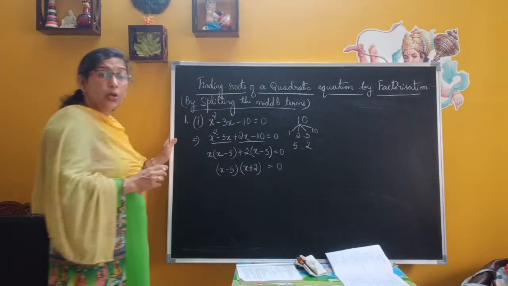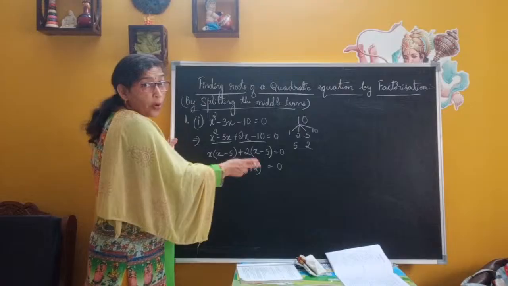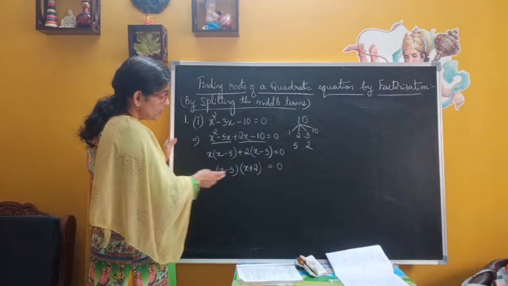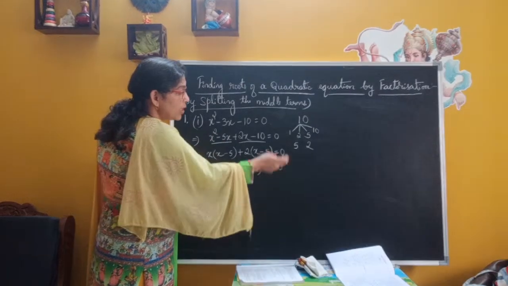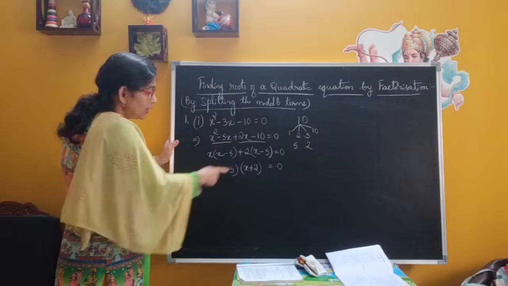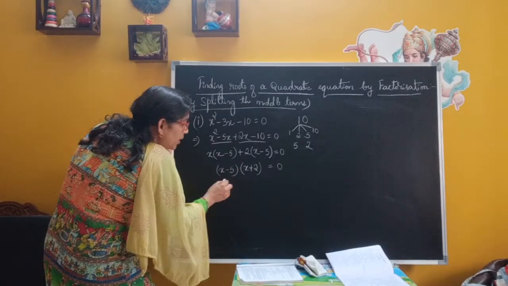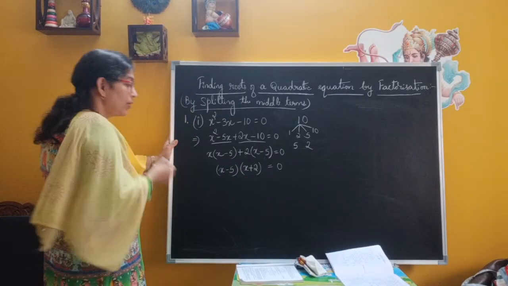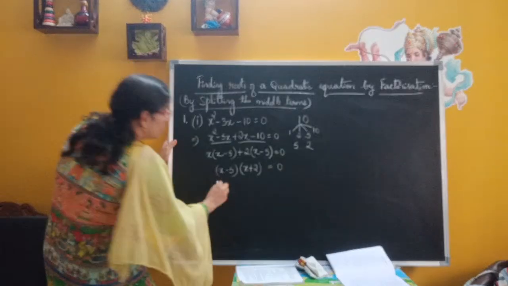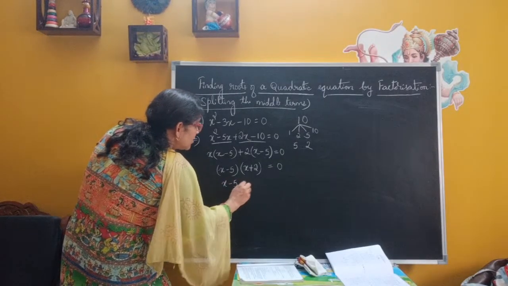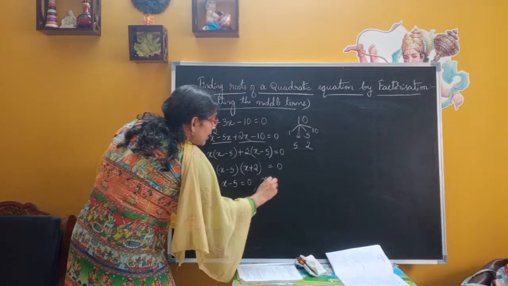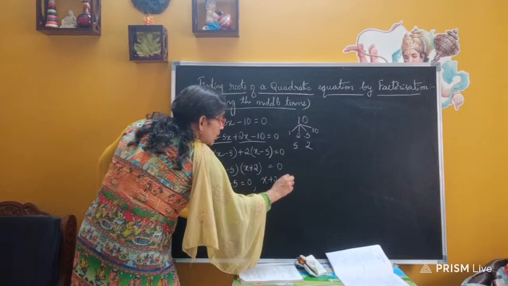Now we are using a rule called the zero product rule. Zero product rule means if you multiply them and we get the answer 0, then each of the binomials should be equated to 0. That means x minus 5 is equal to 0 as well as x plus 2 is equal to 0.